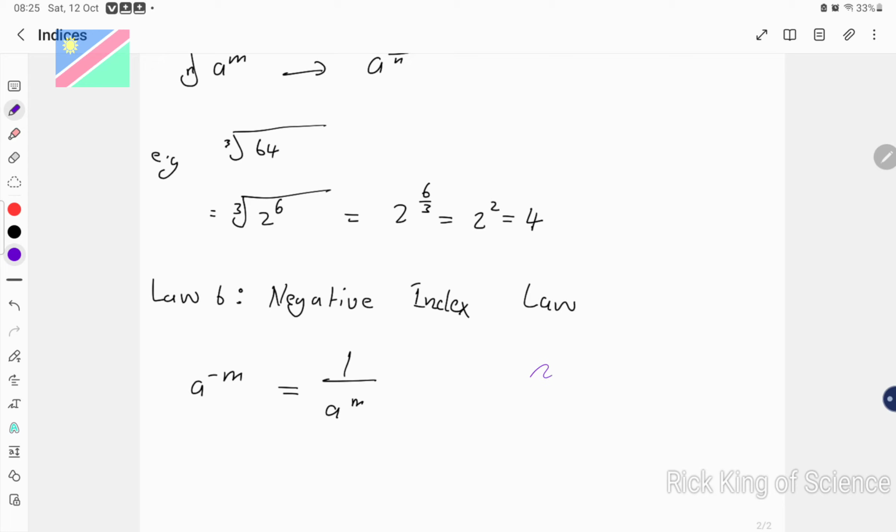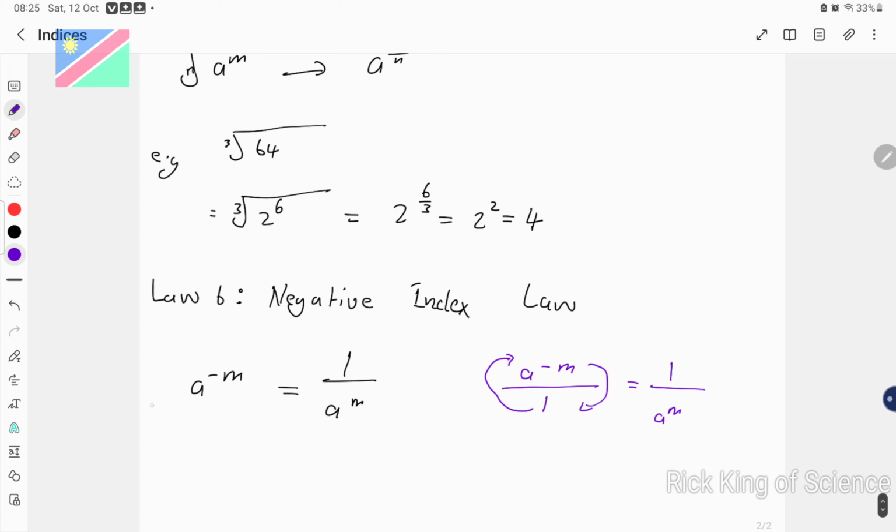You have a power negative m. We all know that there's an invisible 1 under, always. Then you just flip it, and then you're going to say 1 over a power m. That will be the answer.